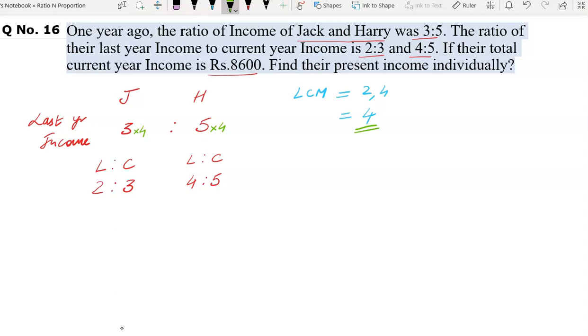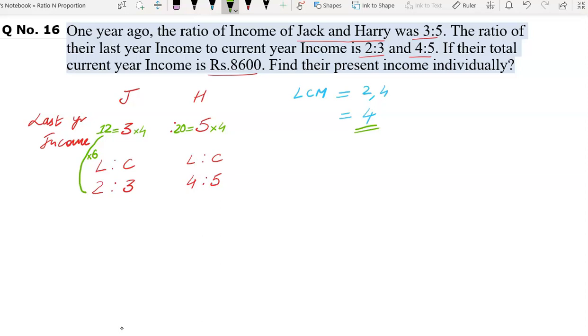So how much will we get? 3 into 4 will give us 12. 5 into 4 will give us 20. Now we will divide this by 2. So that means we are multiplying this by 6.